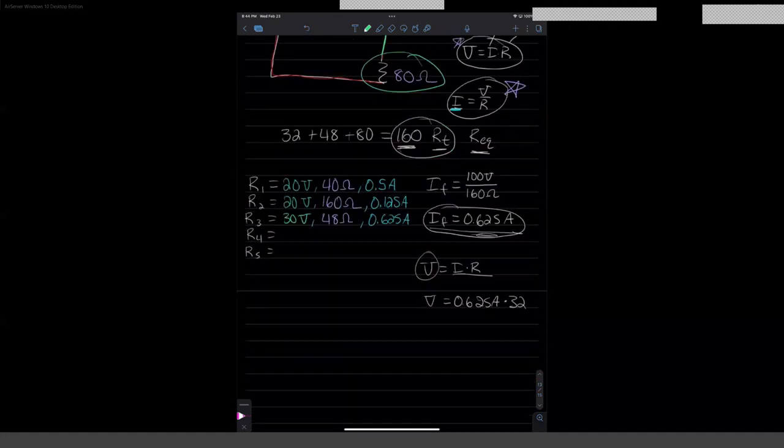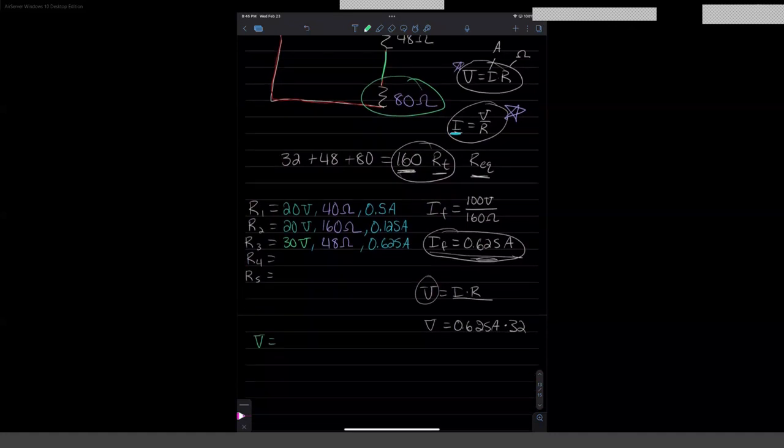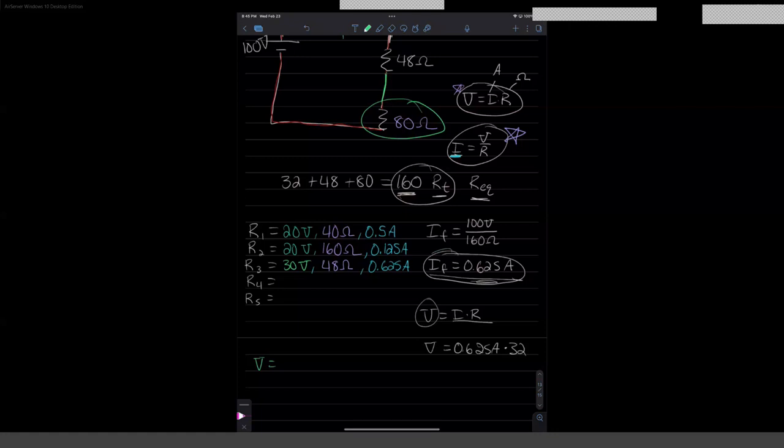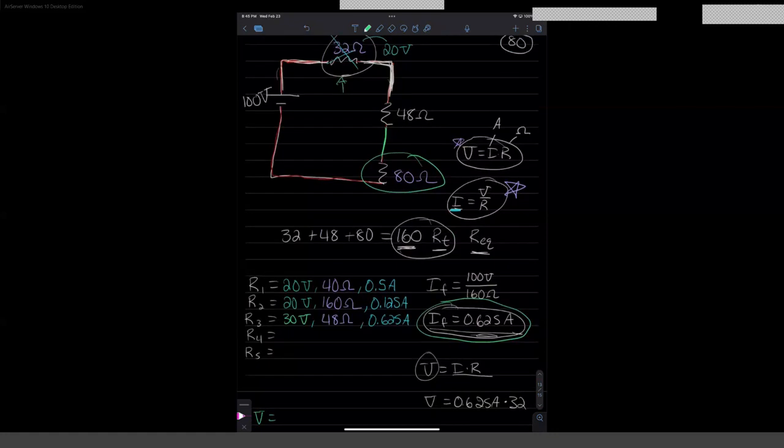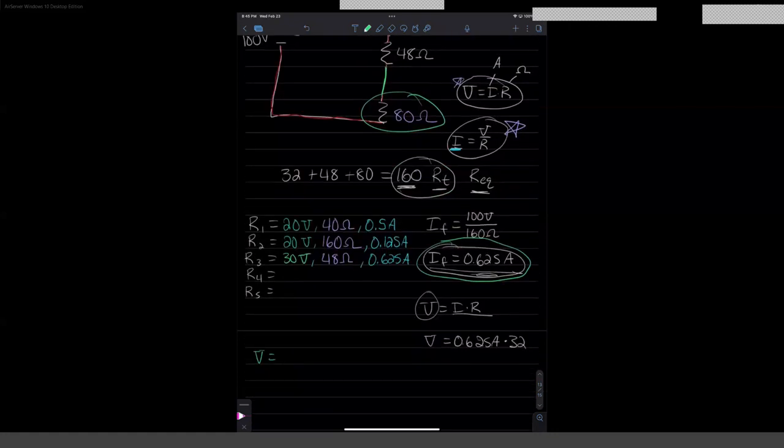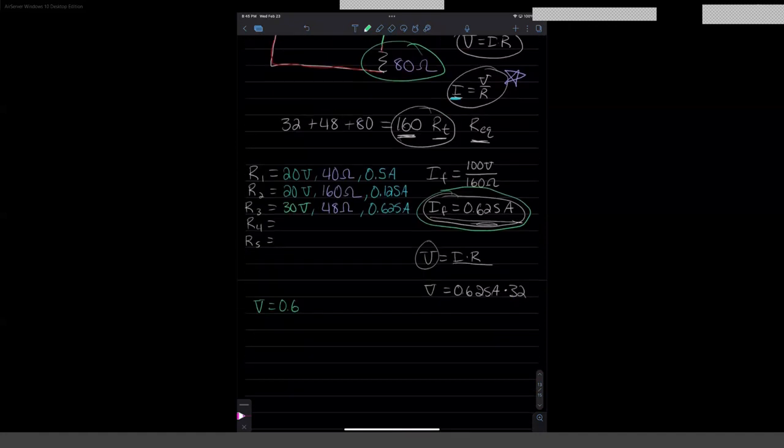If we are trying to solve for V, we have the current, because it's the full current coming off the battery, and we determined the total current earlier. So it's that 0.625 times our 80 ohms.